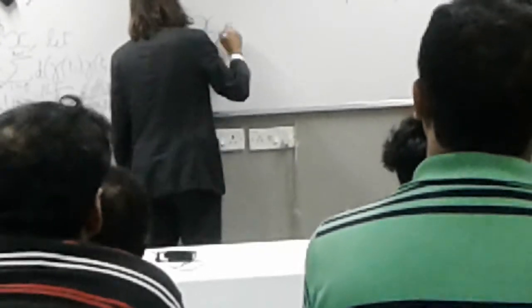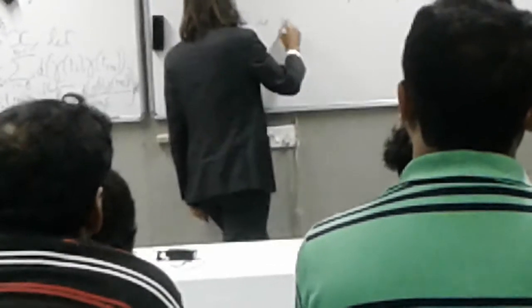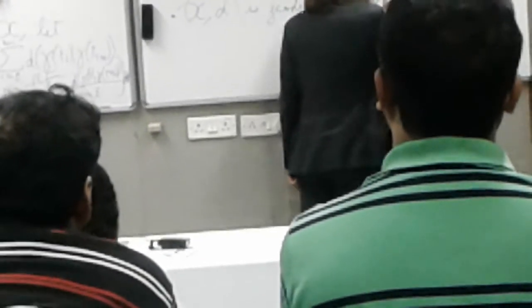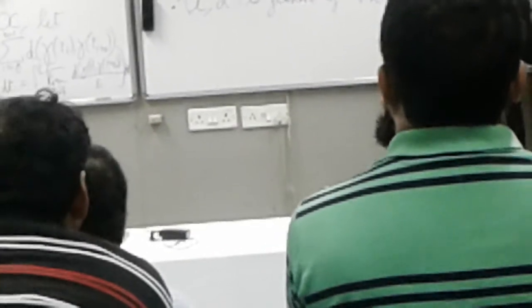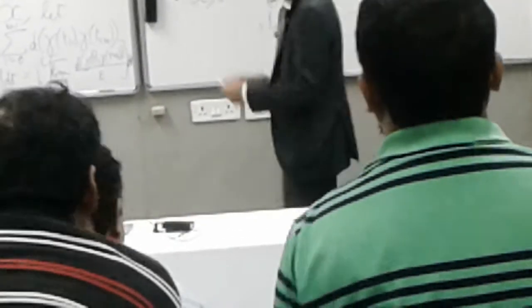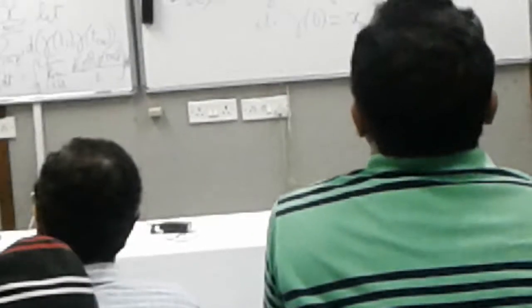And the final definition is that X is a geodesic space if for any x and any y, there is a geodesic gamma such that gamma of 0 is equal to x, gamma of 1 equal to y. So it means that any 2 points can be joined by a geodesic path.